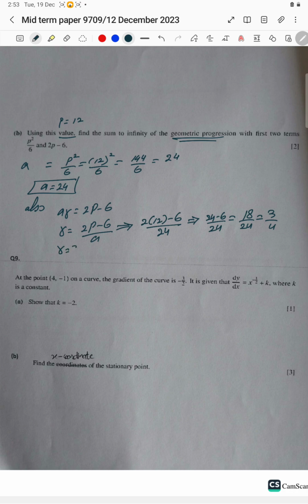So r is 3 by 4. But we have to find the sum to infinity. So here I can write the sum to infinity of a GP is a over 1 minus r. So a was 24 and 1 minus 3 by 4. So the final answer will be 24 times 1 by 4, so 24 times 4, 96 is the sum to infinity.